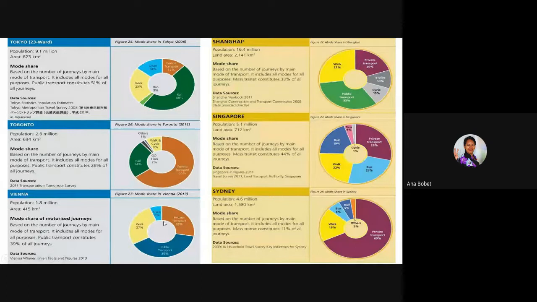Now in China, different ang scenario sa China. Public transport 33%, 20% ang private, but 27% of the time walking ang mga tao sa Shanghai. Shanghai is one of the capital of China, no? So that's the important item to look at. And then of course na sila electric bike 10% and bicycle 10%.